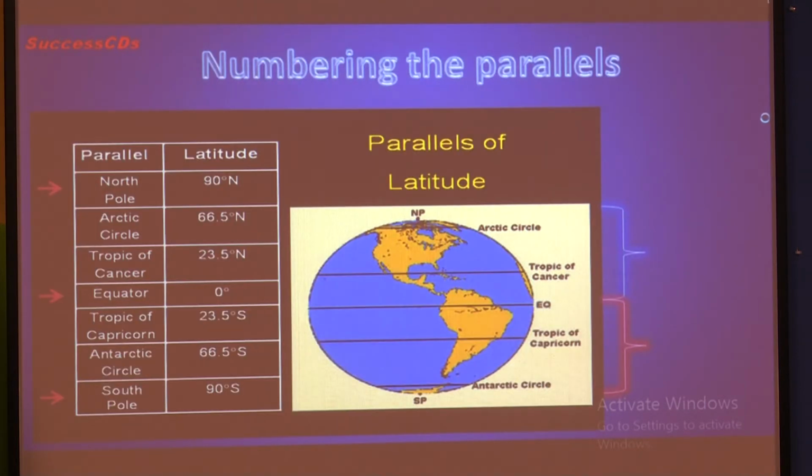Children, there are 181 parallels in total. 90 in the northern hemisphere, which are marked with a capital N, and 90 in the southern hemisphere, which are marked with a capital S. The North Pole is written as 90 degrees north, the South Pole is written as 90 degrees south, and the equator as only 0 degree.